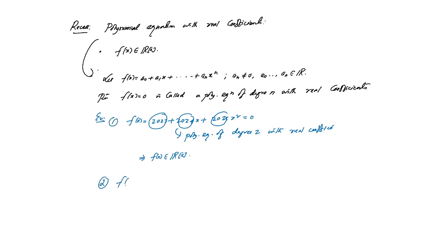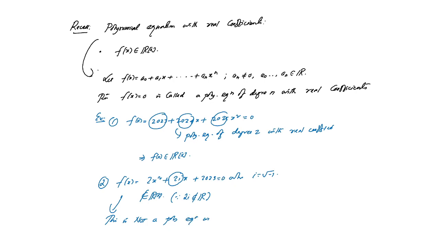If we take an example like f(x) equals 2x square plus 2ix plus 2023, where i equals root under minus 1, this does not belong to R[x], because the coefficient 2i is not a real number. So this is not a polynomial equation with real coefficients.